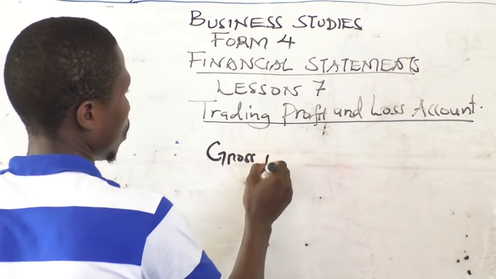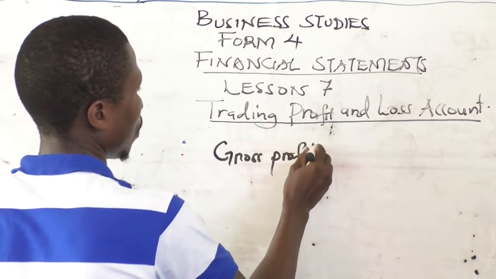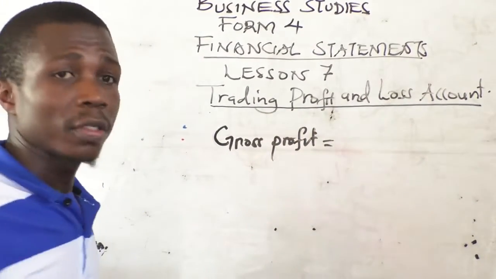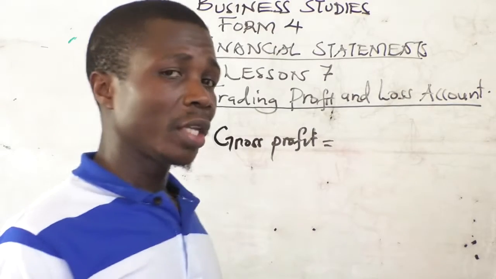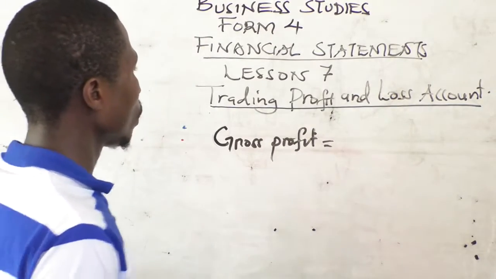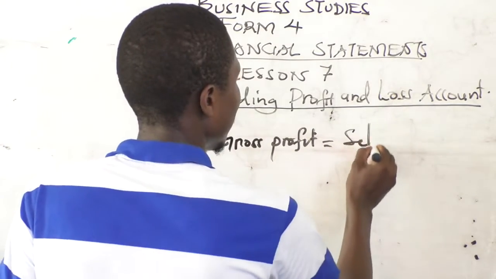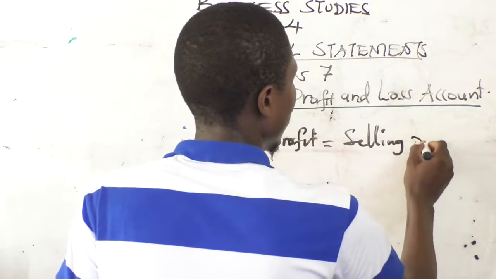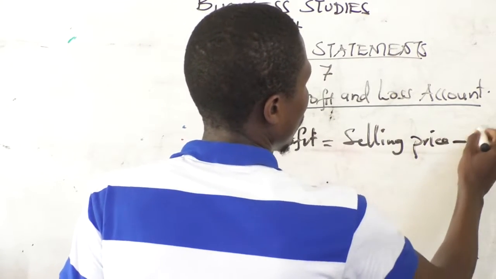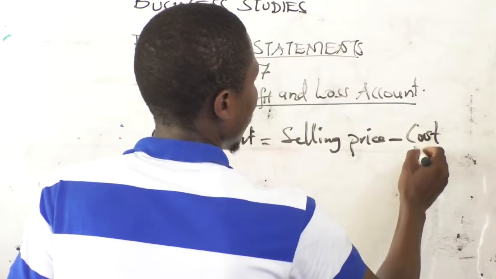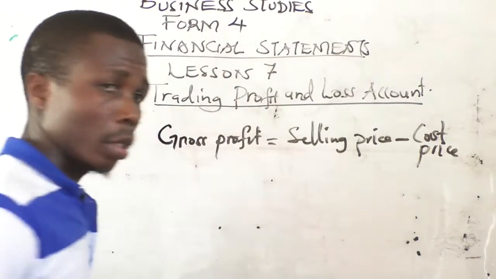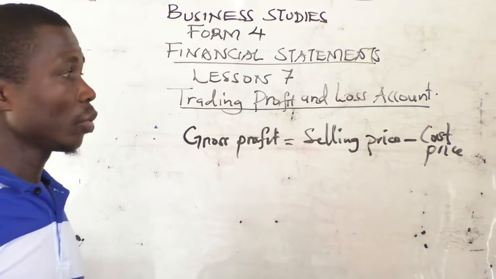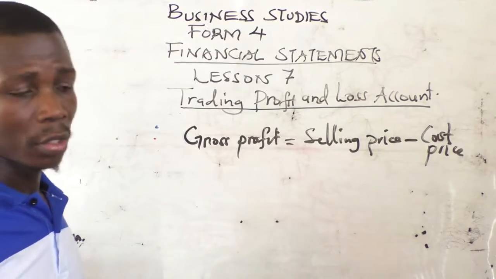Gross profit. The profit that we obtain is always equal to selling price minus cost price. Let's say that you used maybe 10,000 to purchase as an input in the business.